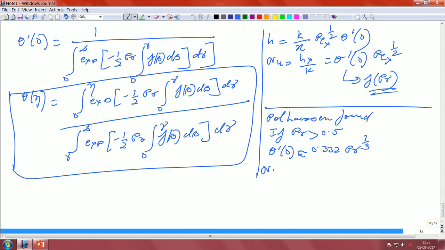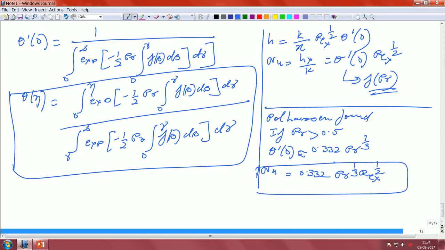Therefore, the Nusselt number expression then becomes 0.332 Prandtl number to the 1/3 Reynolds number to the power of half. This is the same form that we got through scaling already, because of the slope. Pohlhausen's method was valid for Prandtl number greater than 0.5.